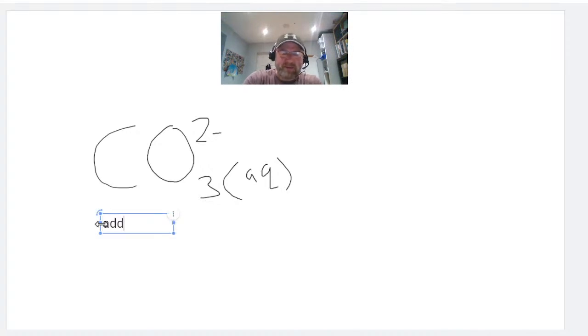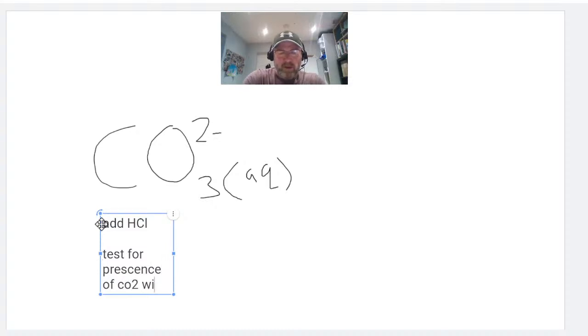You can pick any acid really. I'm going to go with hydrochloric acid just because that's the one they mostly say. So add hydrochloric acid, test for carbon dioxide with limewater. Yep, limewater will go cloudy.